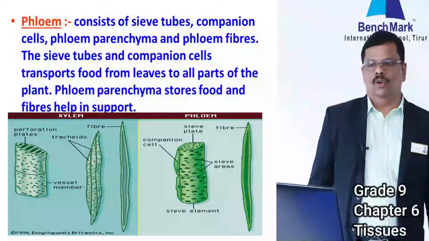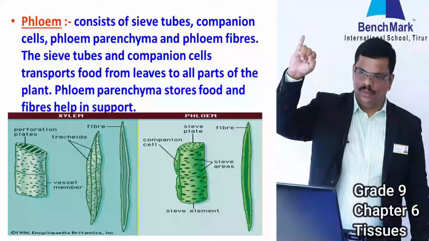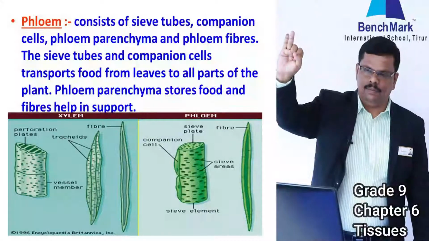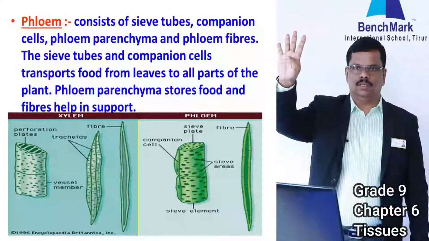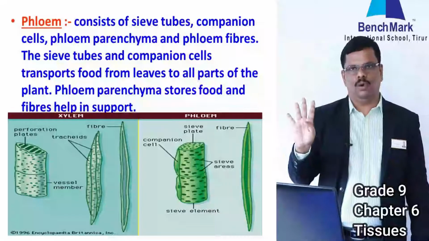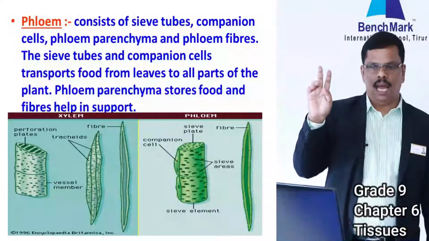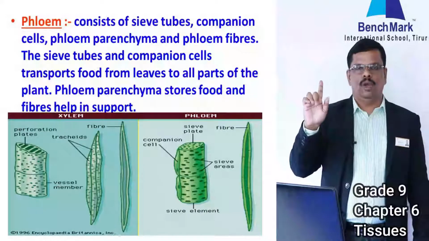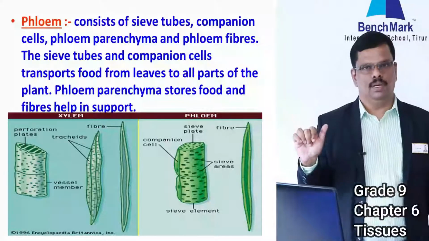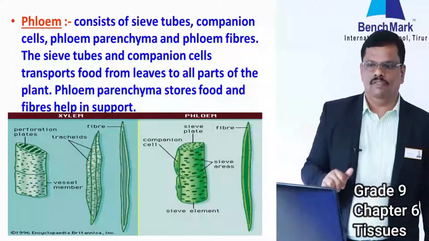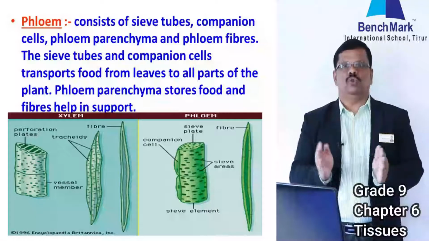Phloem consists of sieve tubes, companion cells, phloem parenchyma, phloem fibers. There also 4, here also 4. Sieve tubes and companion cells always transport food.